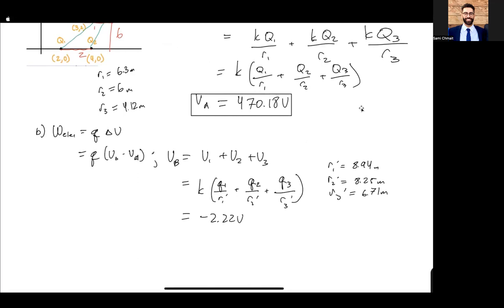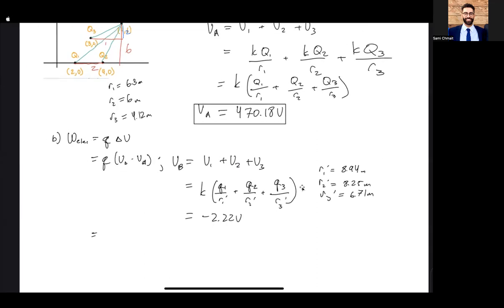And remember, this is a scalar value too. So that Q2, which is negative, you plug in the negative: minus 4 times 10 to the minus 6. Now you have VB, VA, and what the charge is, which is minus 6 times 10 to the minus 6, so you can now solve for Q4. Oh, did I not tell you guys what Q4 is?